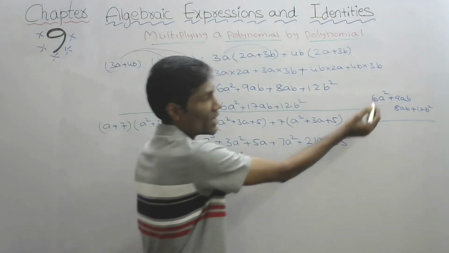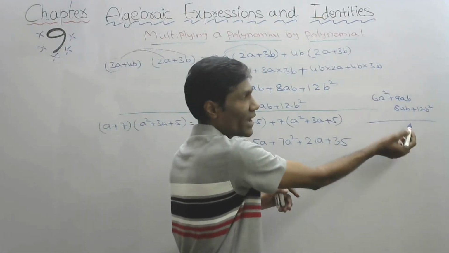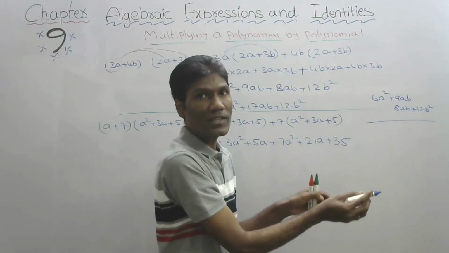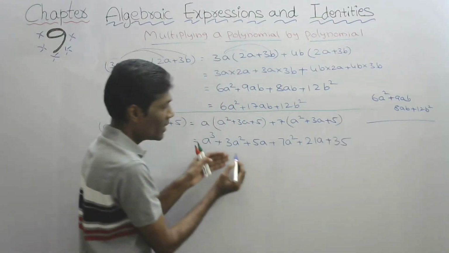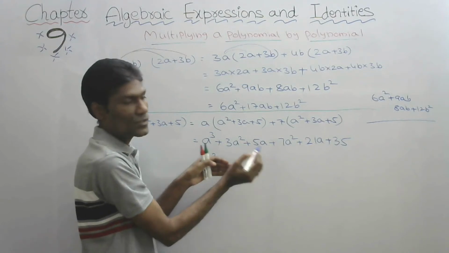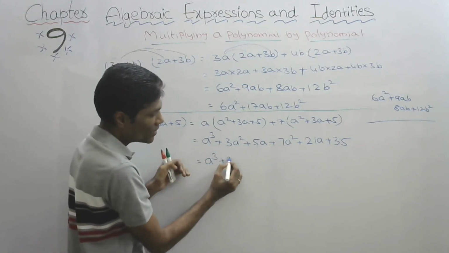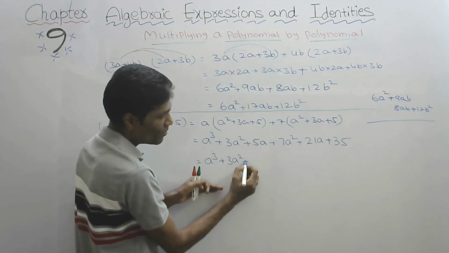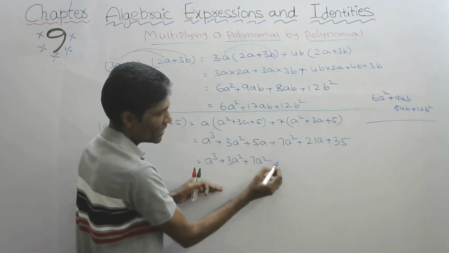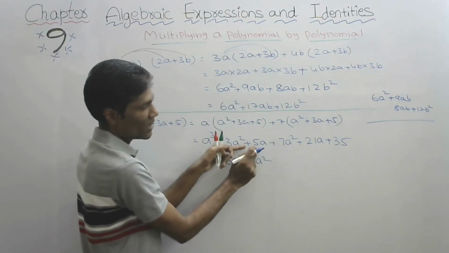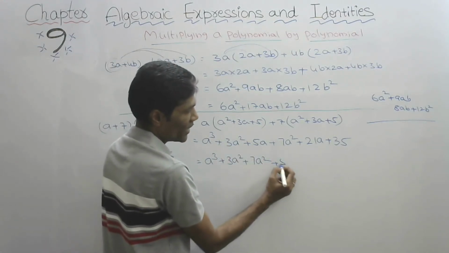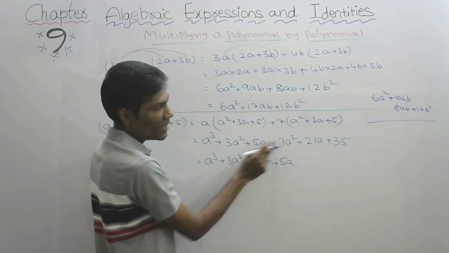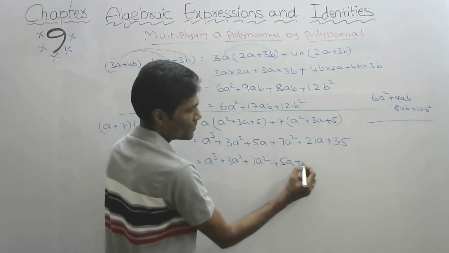Remember, in vertical method we arrange like terms one below the other and add. Here itself we will add. This is 3a square and we will keep this 7a square side by side. Next, 5a. Any a's are there? Yes, 21a.